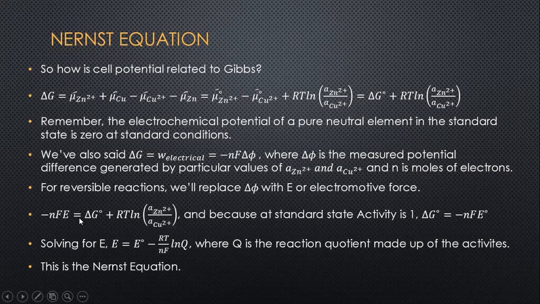We've seen that. But we can also say negative nFE is equal to delta G naught plus RT ln of the activity or reactivity. Now, because at the standard state, activity is 1, and delta G naught equals negative nFE naught, we say that E equals E naught minus RT over nF ln Q. Q is the reaction quotient made up of the activities.